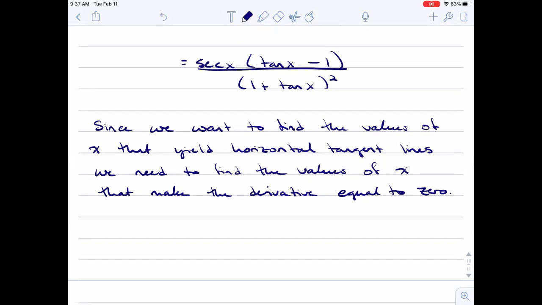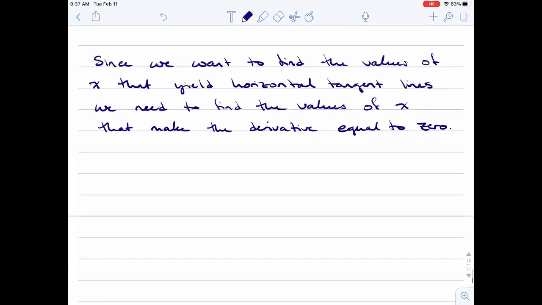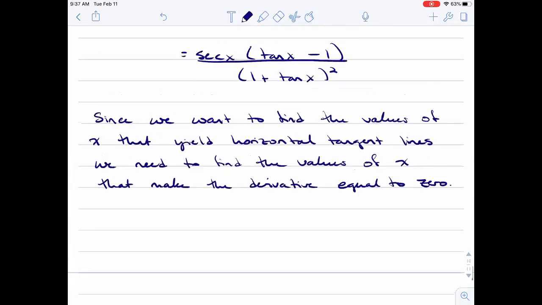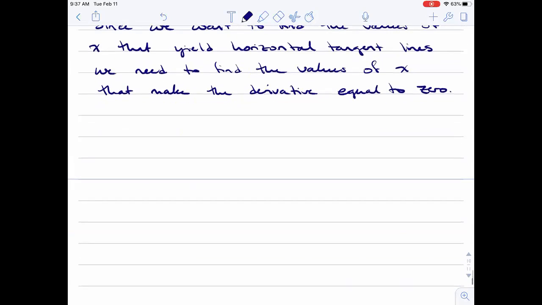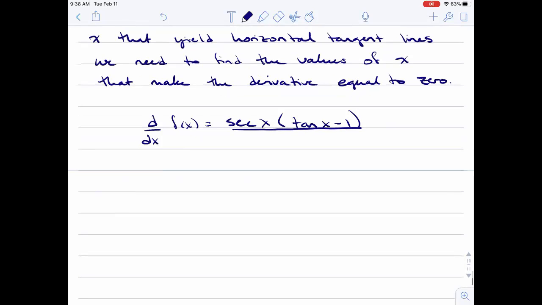If we write this out here, what notation did we use? d dx of f of x, we said was, and I'll just steal it from here, secant x times tan x minus 1 over 1 plus tan x squared.